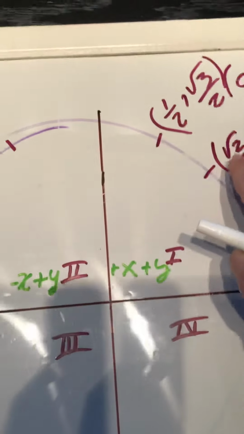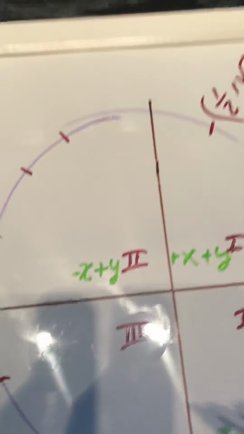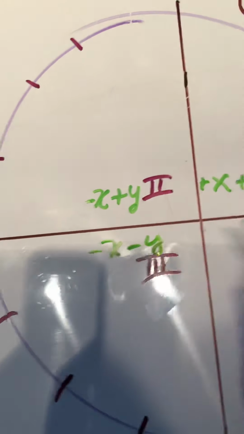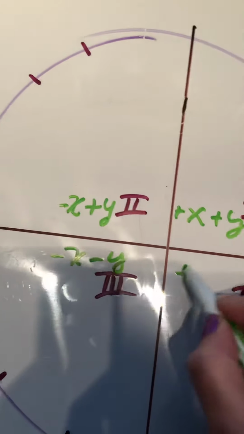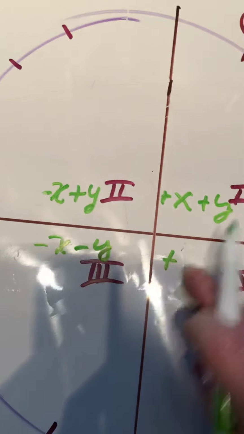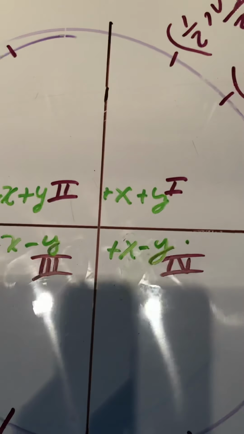So now you know that next to the value of x is gonna be a negative, right? Here you're gonna have negative x, negative y. And here you're gonna have positive x, negative y. All right, so let's keep with the values.